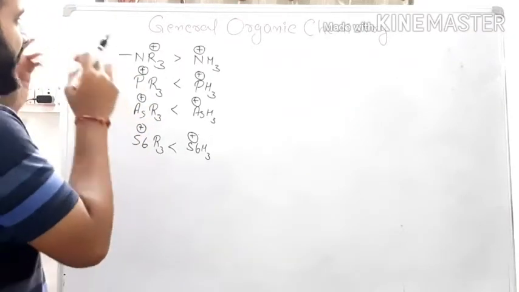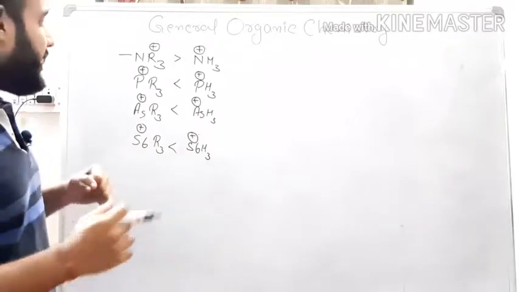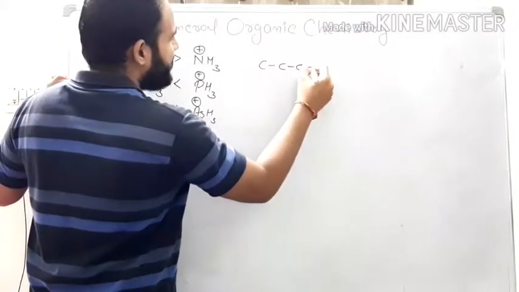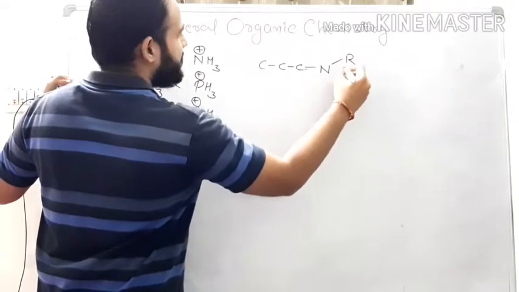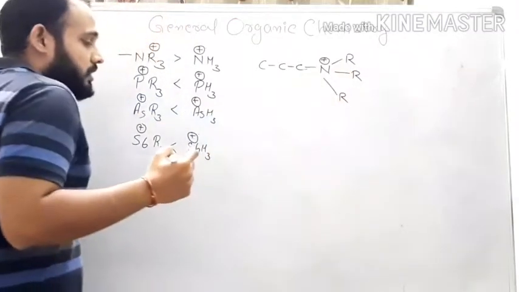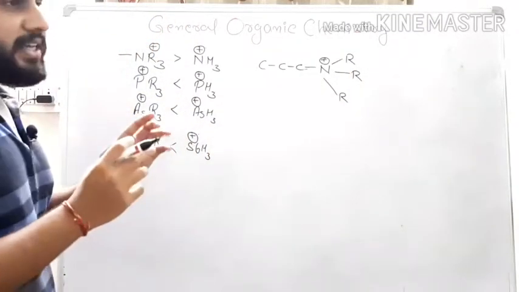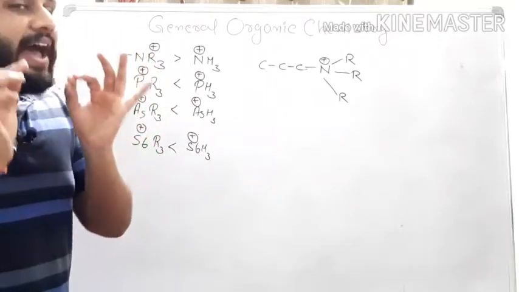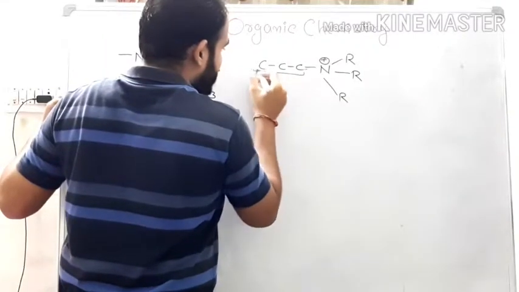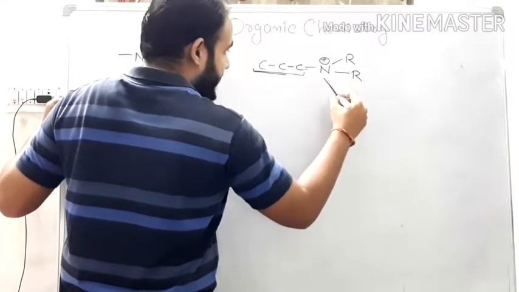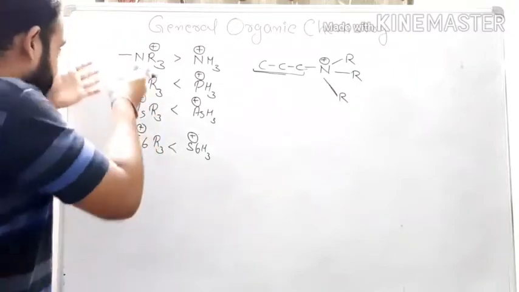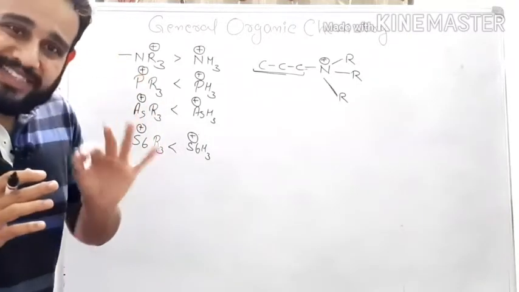Now see friends, as you compare NR3 versus NH3, in NR3, when nitrogen binds with the carbon chain, the dominant factor is the repulsion between bond pair and bond pair. Here you consider this carbon is a single bond and this alkyl group is a single bond. Because nitrogen is small in size compared to phosphorus, arsenic and antimony, nitrogen is the smallest element of that group.